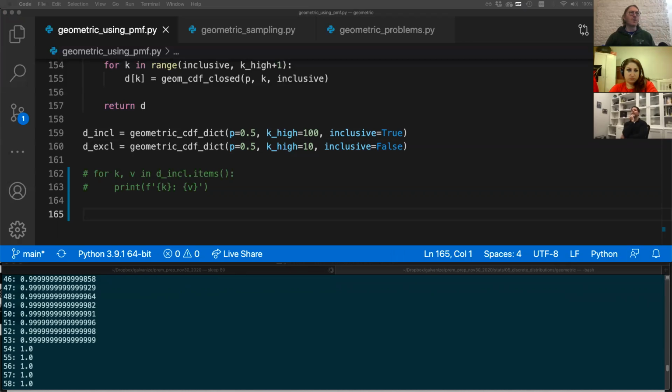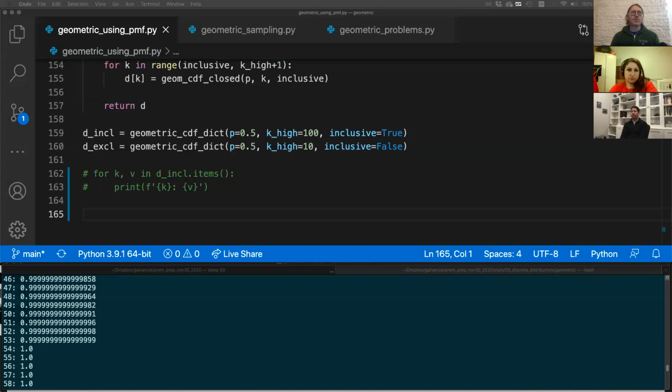Especially with the geometric distribution, we're going to give you the formulas and ask you to solve textbook problems after having written a PMF or a CDF function, okay? So that's where you might see it in our technical interview.